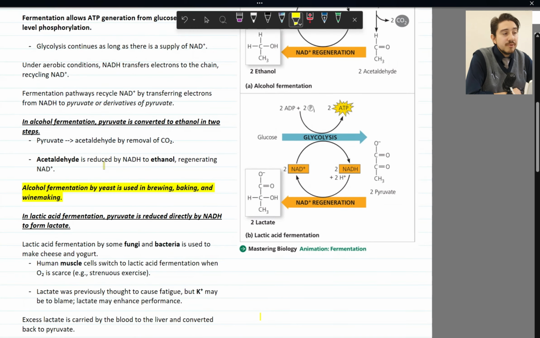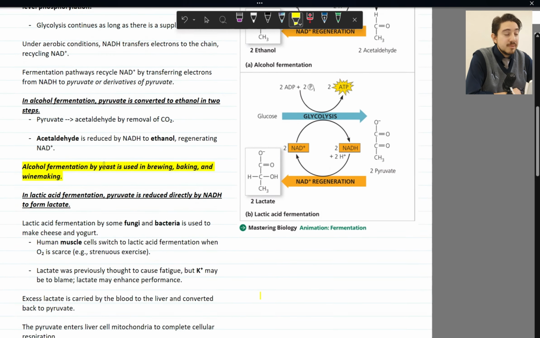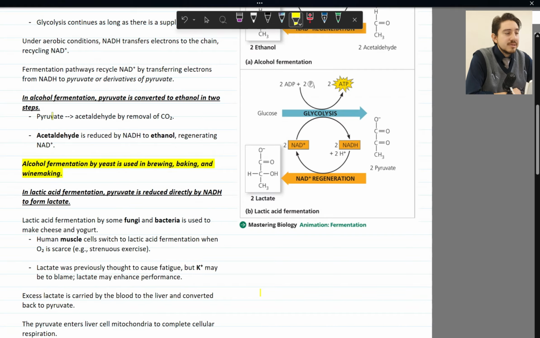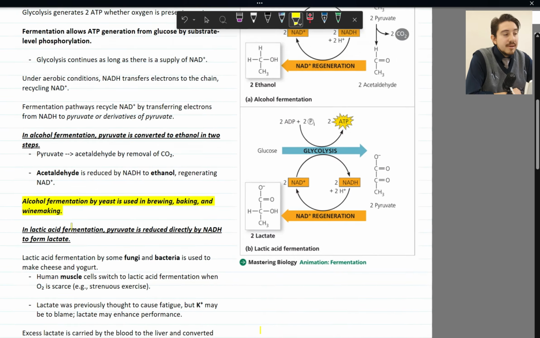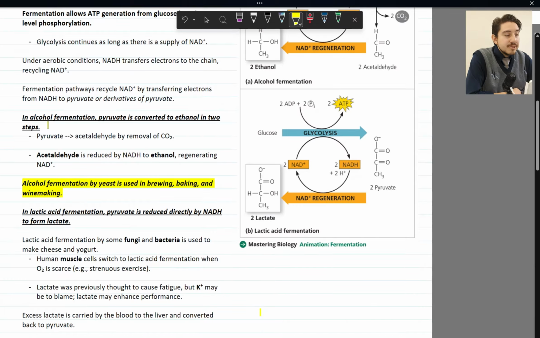So there are several types of fermentation, but the most common in textbooks are alcohol fermentation and lactic acid fermentation. Here, essentially, you get pyruvate. This is a process that will convert pyruvate to acetaldehyde, which will remove a carbon dioxide.